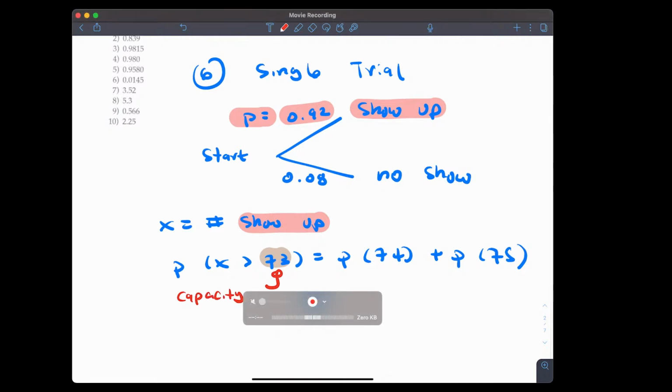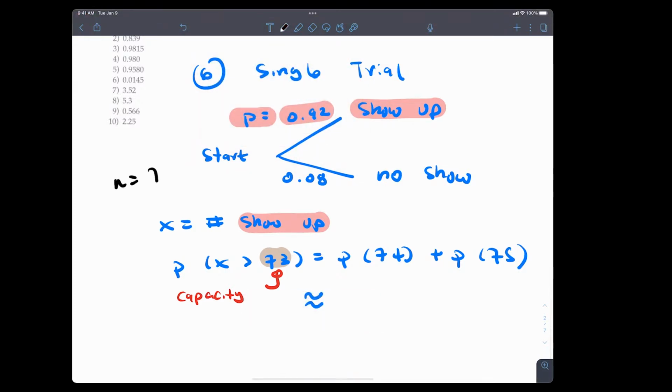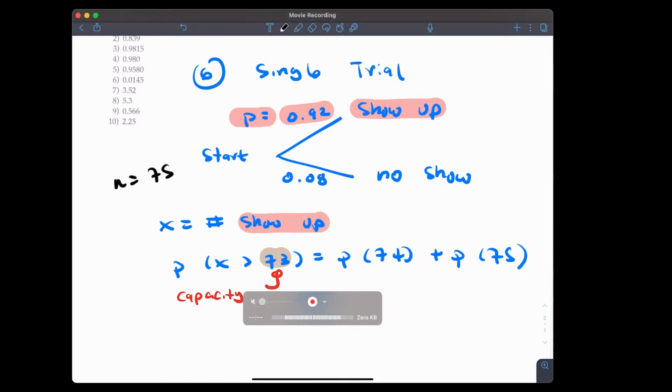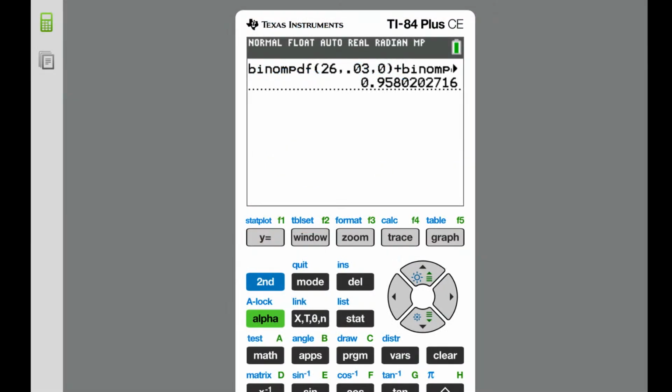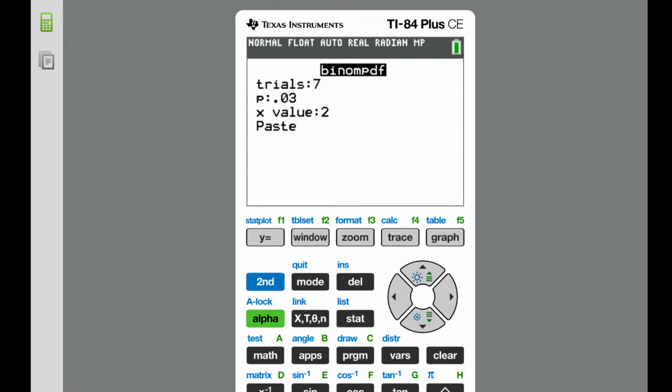All right, let's punch this in. N is 75. How many passengers? How many people did they book? They booked 75. They overbooked. So let's see what the probability you exceed the capacity would be now. All right, let's go to the TI. Clear that out. Second distribution, you're going to use the definition, not the complement. 75 for n, number of trials.